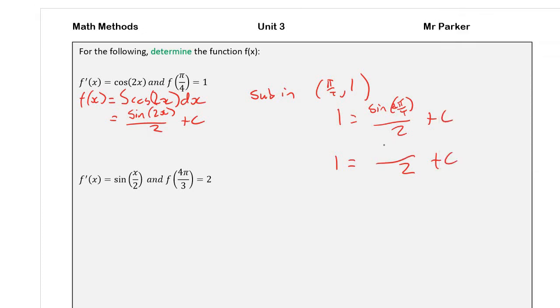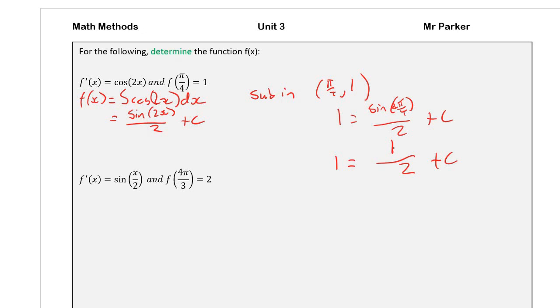So that would be then 2 times pi on 4 is pi on 2. Sine of pi on 2 is 90 degrees, which is 1, because 90 degrees is the top of the circle, so that's where the height is the biggest. That would be 1 on 2 plus c.